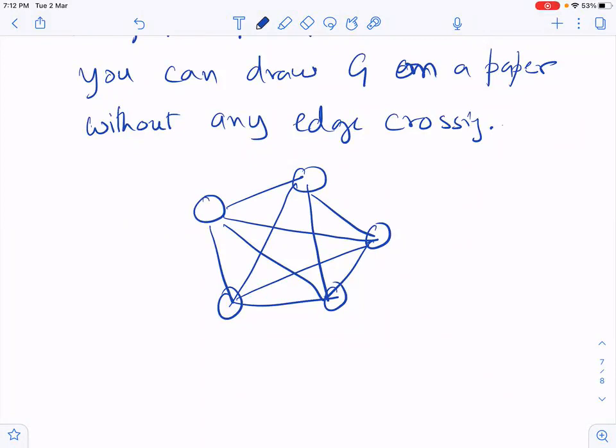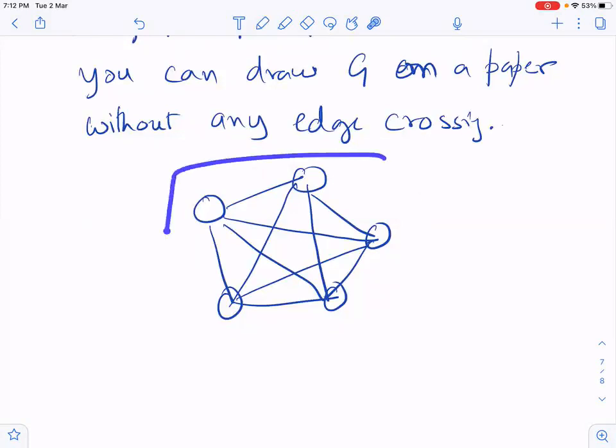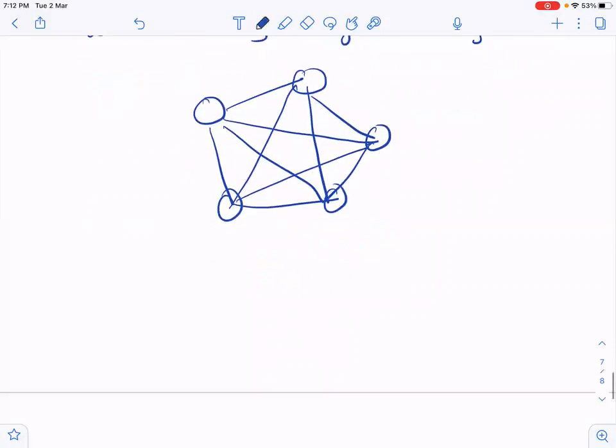I will do a class on Friday and possibly another on Monday where we will talk about planar graphs. For now, think about this particular graph and try to convince yourself that it is not planar. Another graph you can try to prove is not planar is this graph.